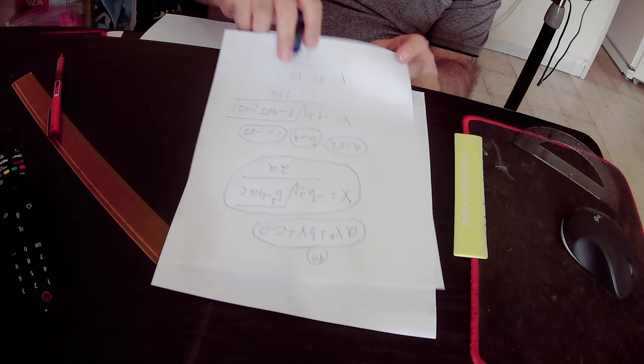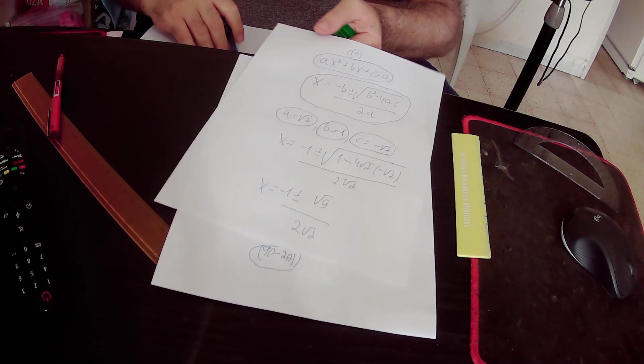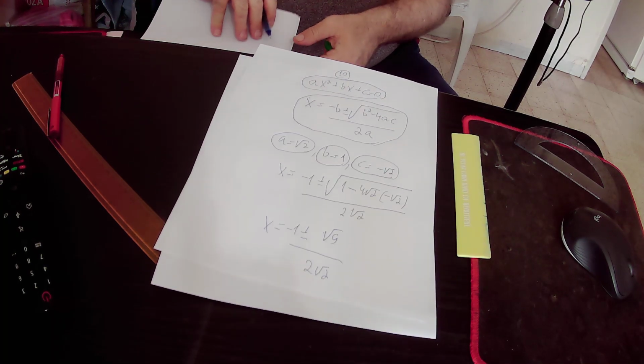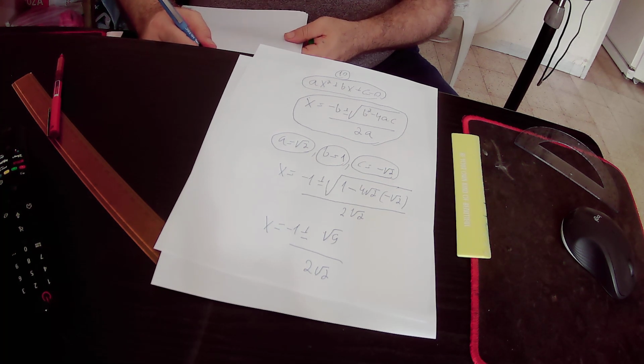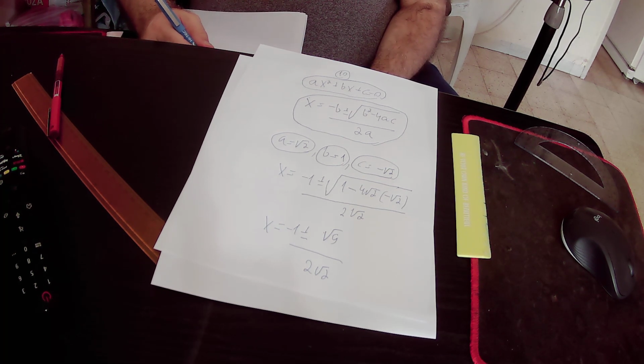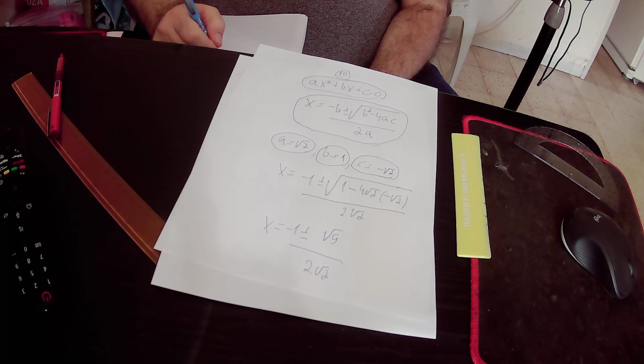Okay, so we got that x equals 1 plus minus root 9 over 2 times root 2. So x equals 1 plus minus root of 9, which is 3, over 2 times root 2.